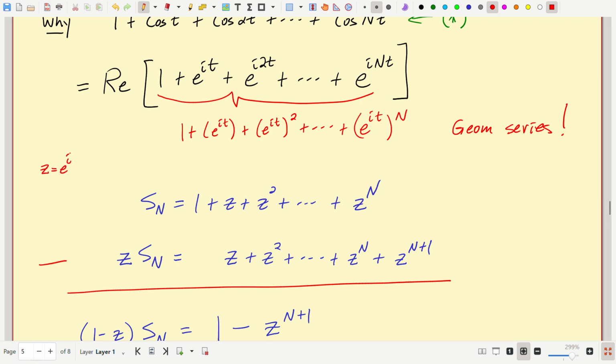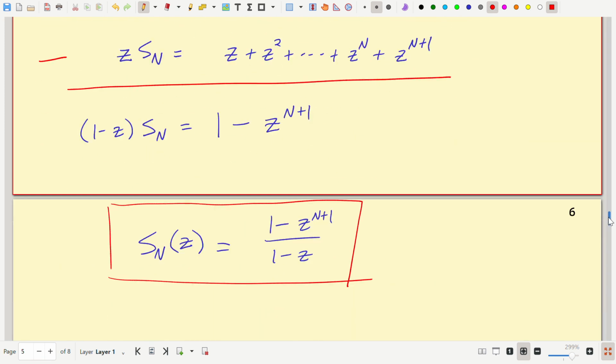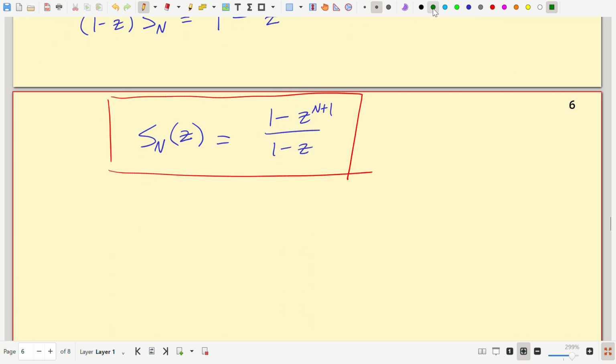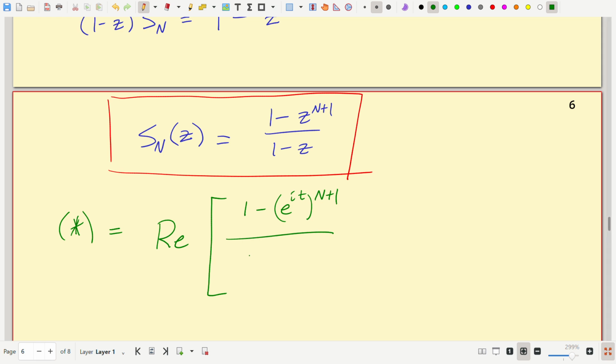It's a complex number. And so down here, I would get that star is equal to the real part of 1 minus e to the it to the n plus 1 over 1 minus e to the it.